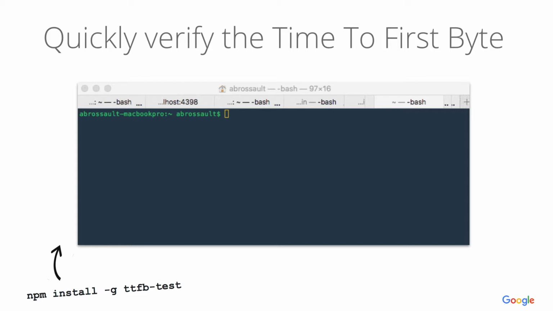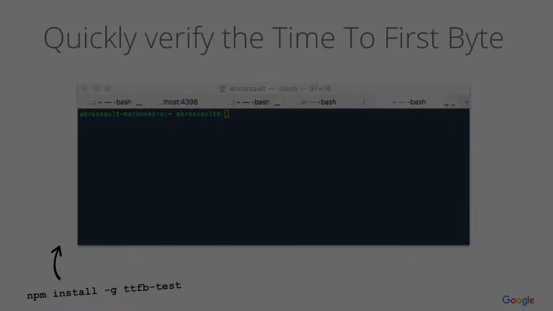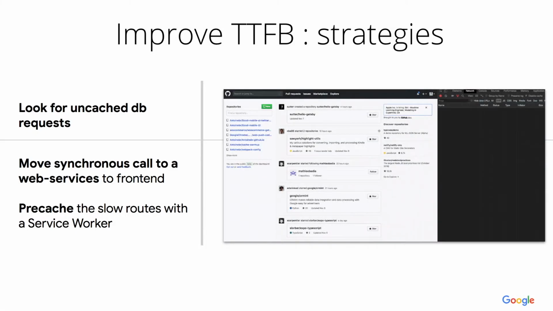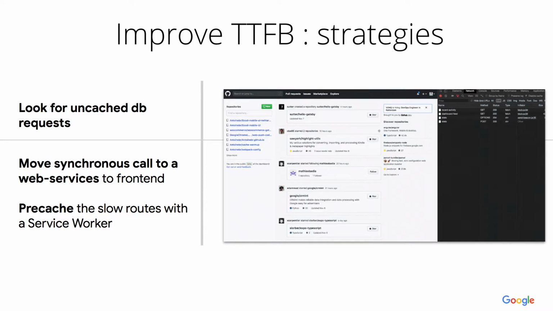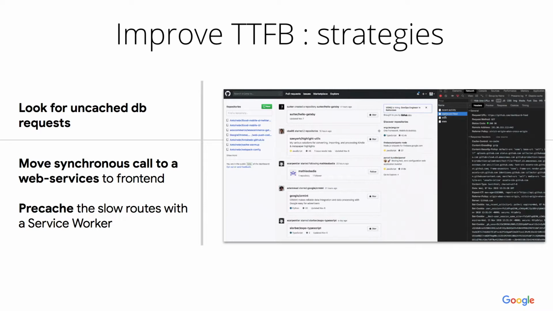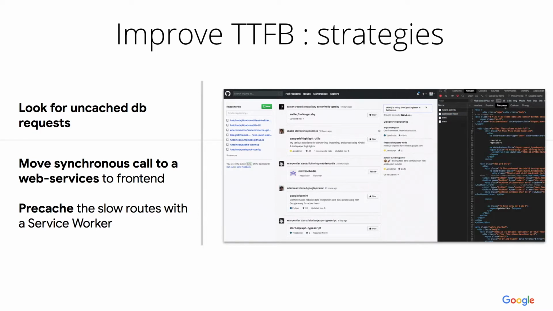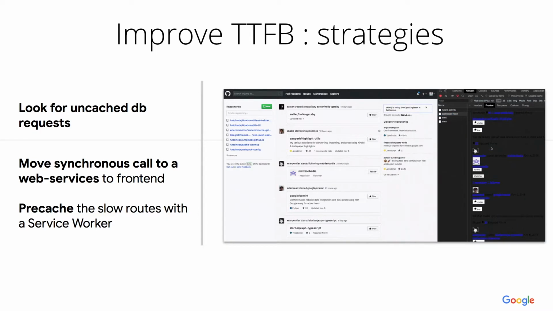With those measurements, you should be under 200 milliseconds. If you are over 200 milliseconds, if you are more in the 600, 700 milliseconds, it's definitely something that you can improve. And to do so, there are some usual suspects.